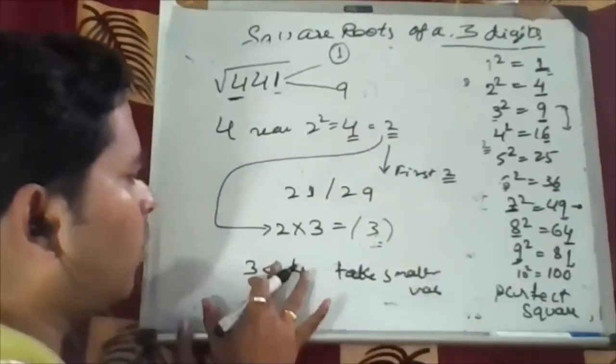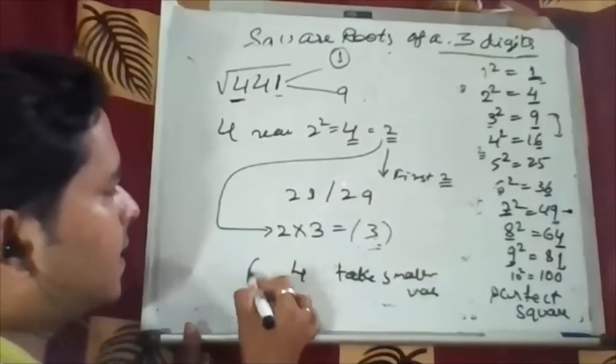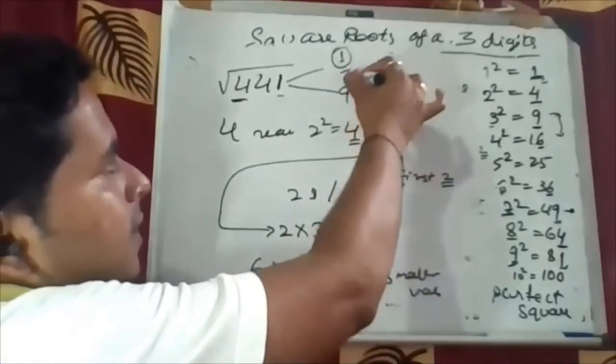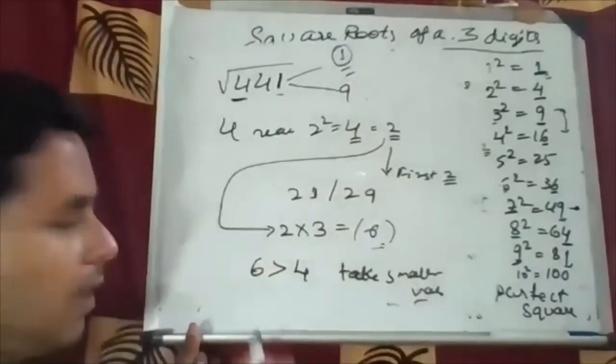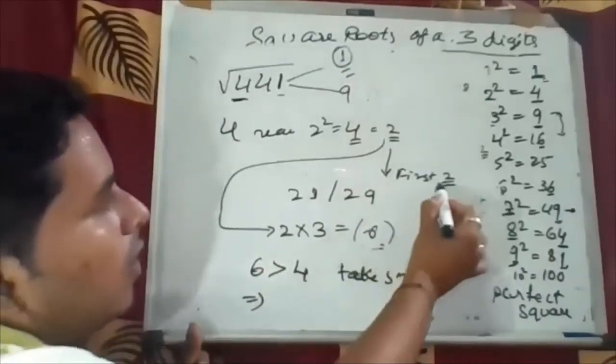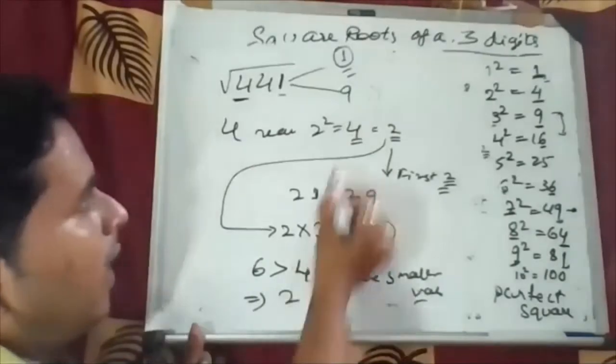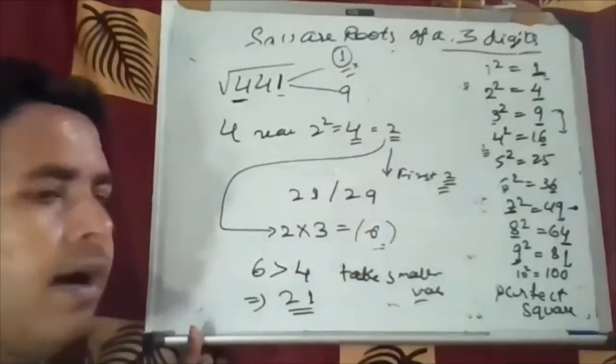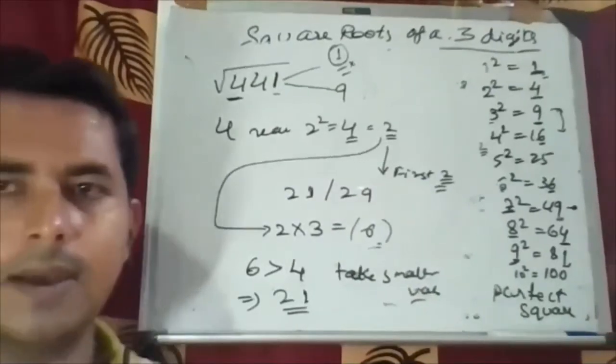But here your 6 is bigger than 4, so now go with the smaller value. So your answer will be, I already know the first digit is 2 and I have to confirm now. So we'll get 1 here as an answer. You should get 1 as the answer.